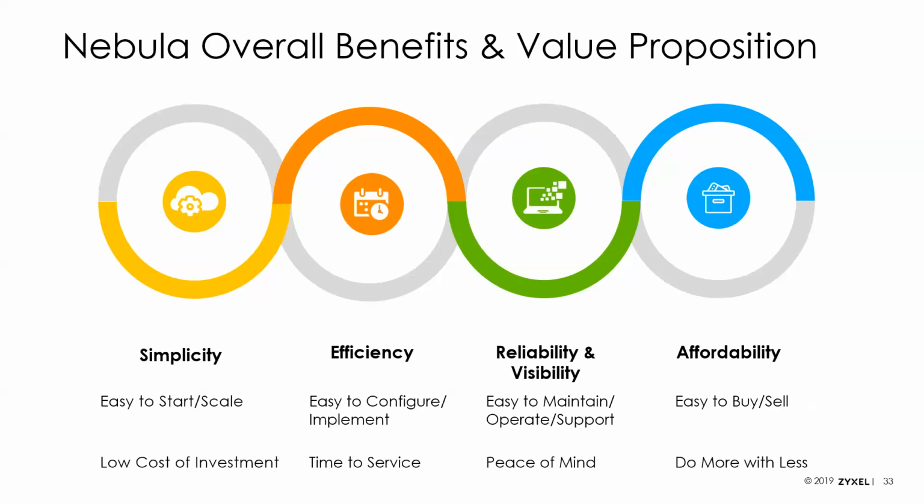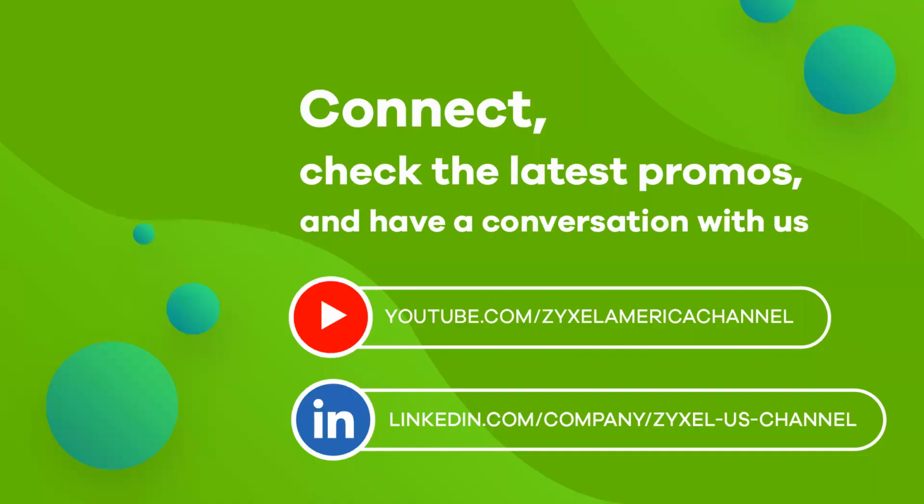You just plug them in and get them online. Easy to maintain, easy to support. You've got easy access to all of your customers, all of their networks through nebula.zyxel.com. It's easy to buy, right? The hardware you're already buying is probably Nebula compatible. You can always put it into cloud mode to play with it at some point in the future if you want to.